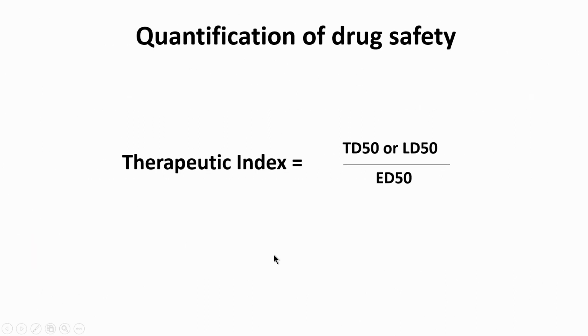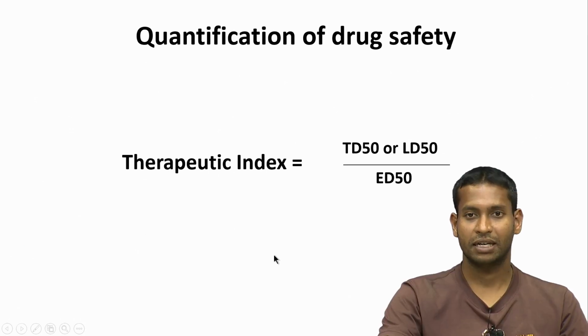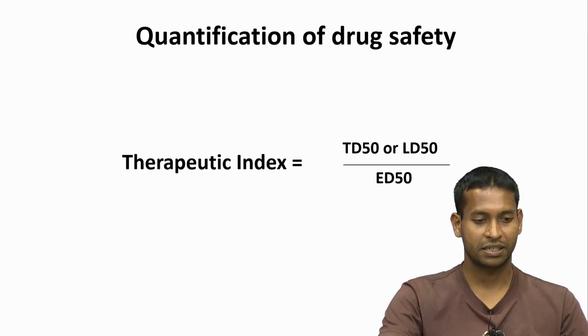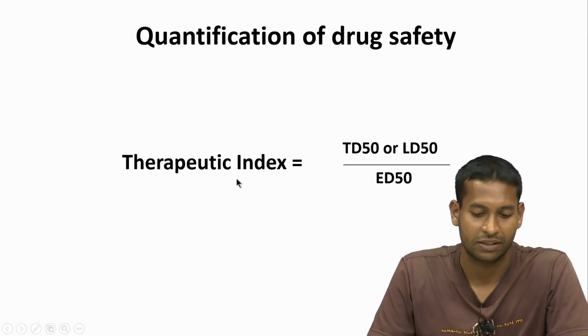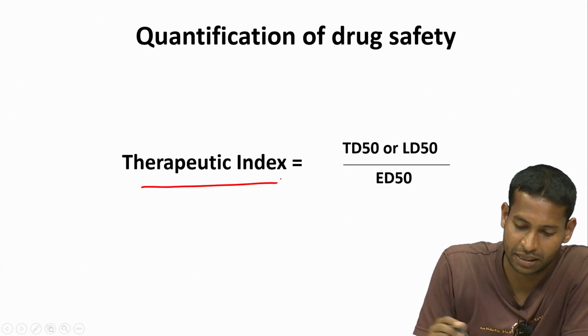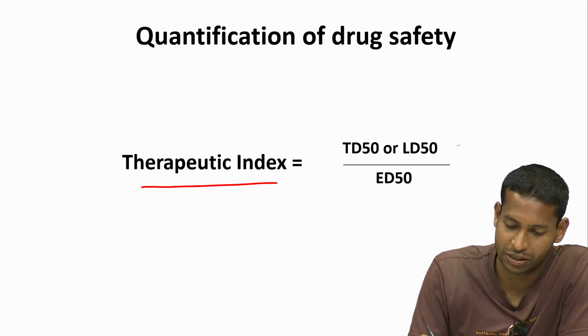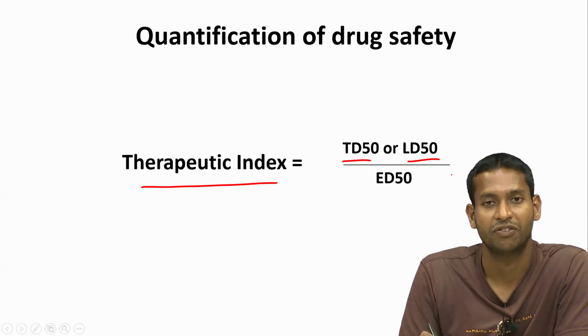Okay. And so, the way we quantify the drug is through a method called the therapeutic index. A therapeutic index is nothing but the TD50 or LD50 divided by the ED50.